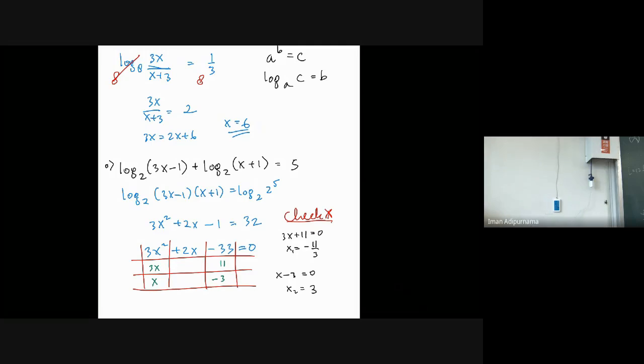It's already impossible, right? So this is not possible. If 3, it's possible. 9 minus 1 is 8, 4, it's possible, right? So our answer will be this part, and this is no. Or you can write with words, x is 3.